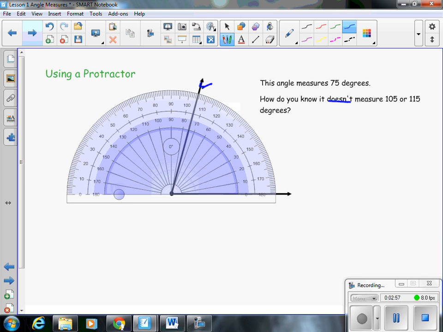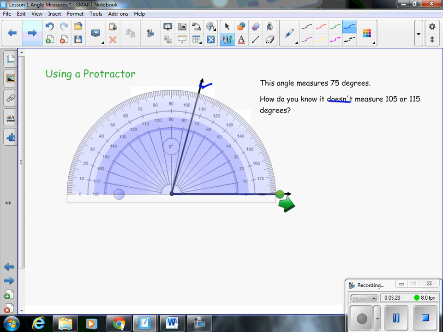And the reason that we know that it is 75 in here, on the inside, is because the first thing I do when I look at an angle, before even using my protractor, is decide, is it more than 90 degrees or less than 90 degrees?